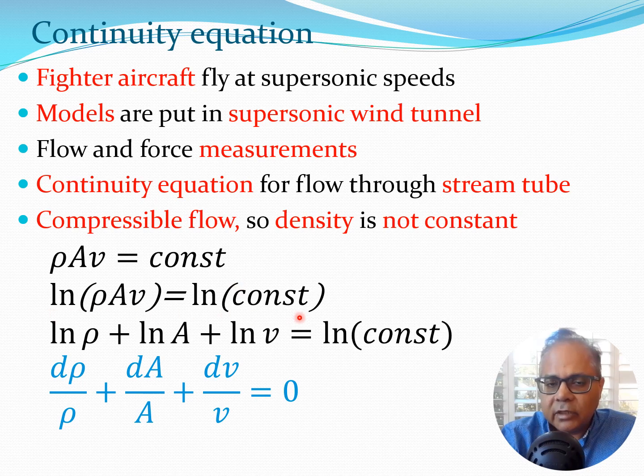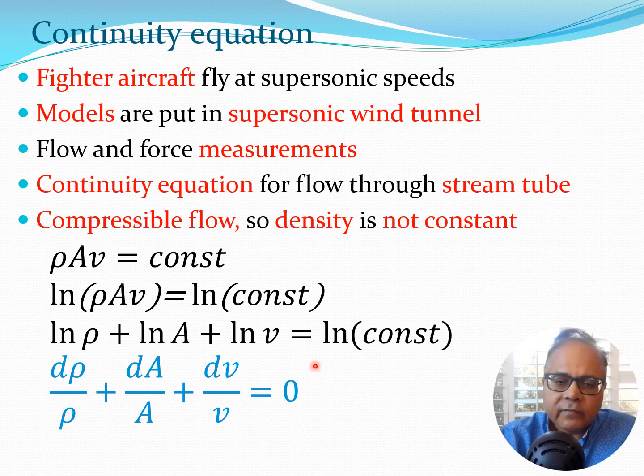And I'm going to take the log of both sides. Log, this is the log base e or the natural log. And then I can immediately write it out like this. So remember that log of A into B is log A plus log B. So we have used that fact here. And once we have this equation in terms of log, we can differentiate it. And so we get this equation here.